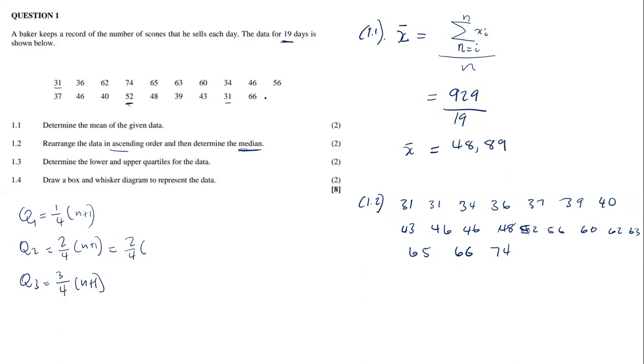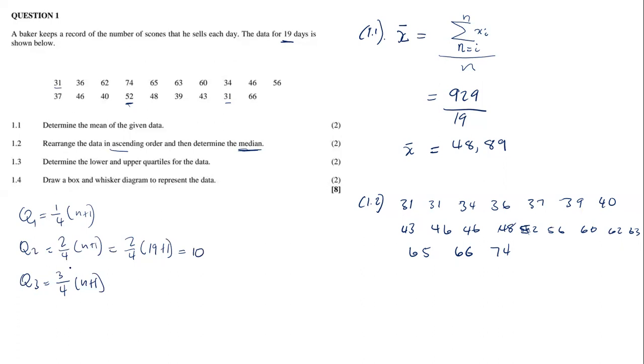We have 19 numbers, so 19 plus 1. When you punch this on your calculator, 2 over 4 is 1 over 2, and 19 plus 1 is 20. You're going to get 10.